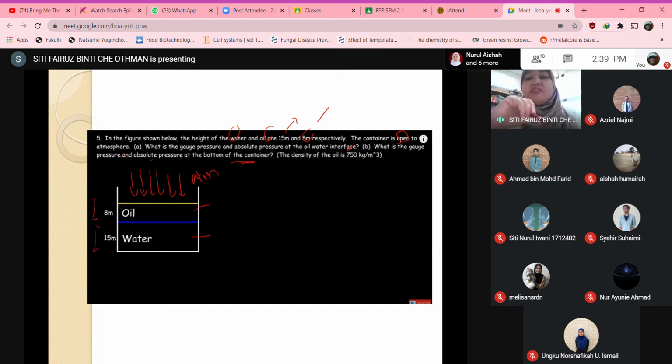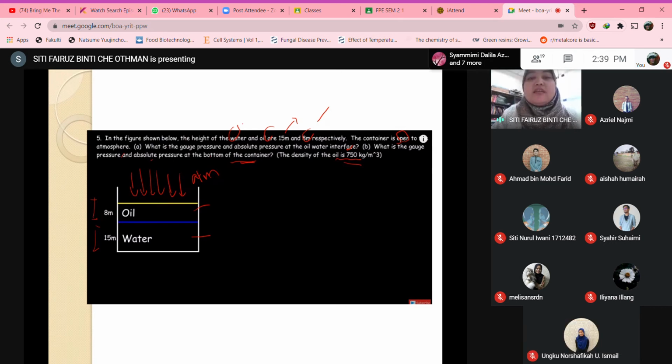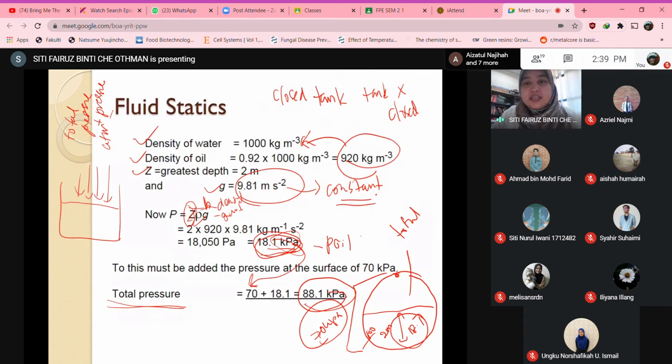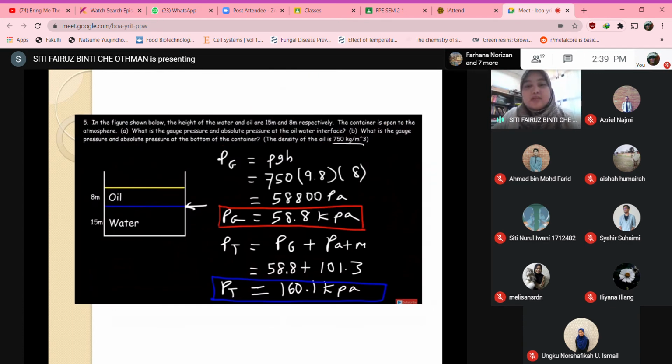Bottom of the container. Okay, so it gives you the density of oil. The density of water, because there is water, is always 1000 kg/m³. Right, so let's see how they do it.